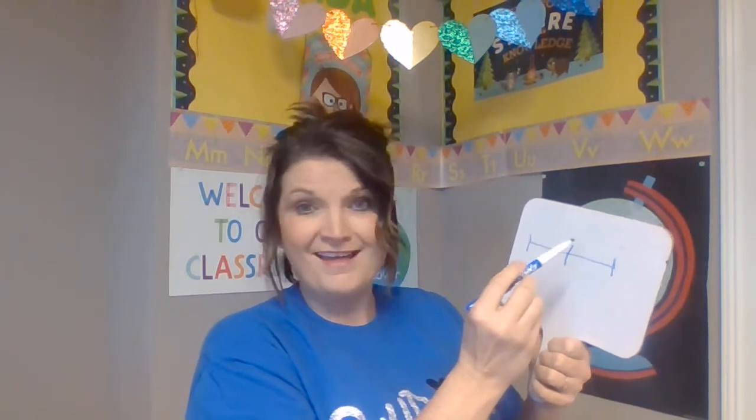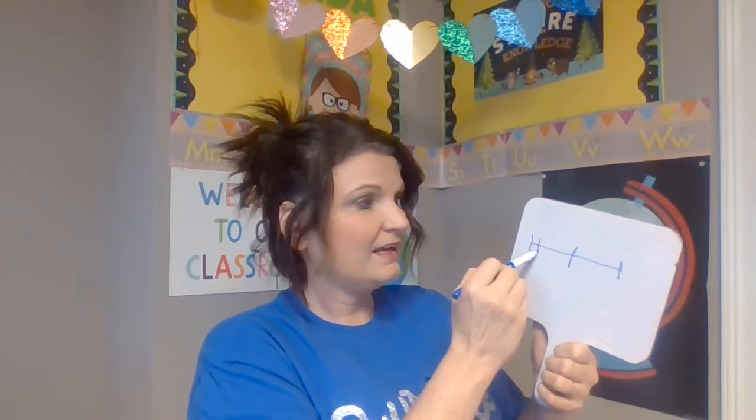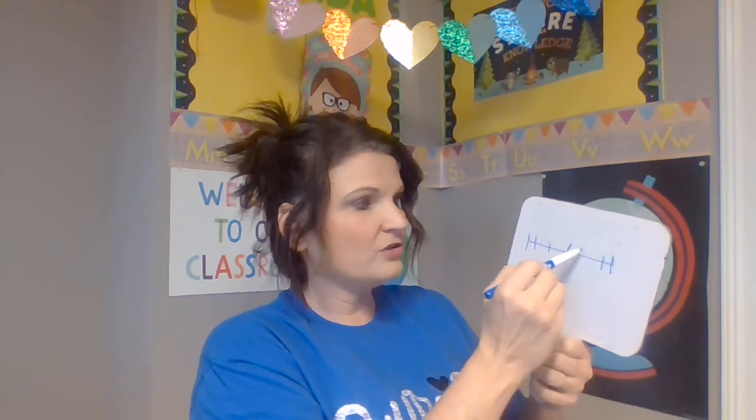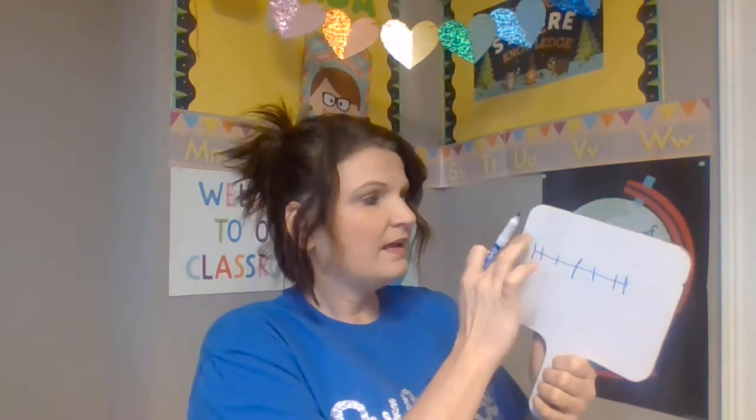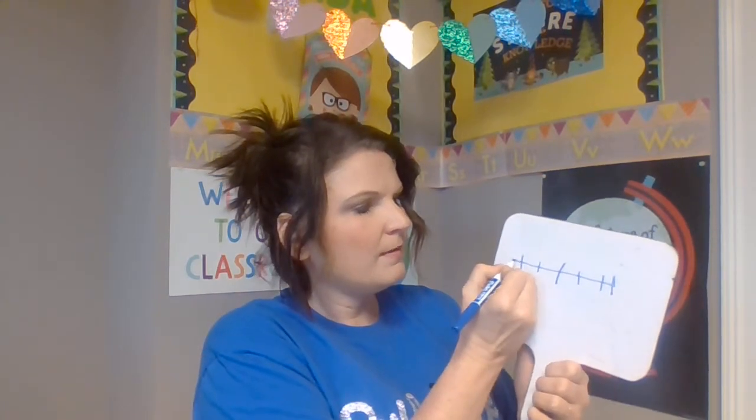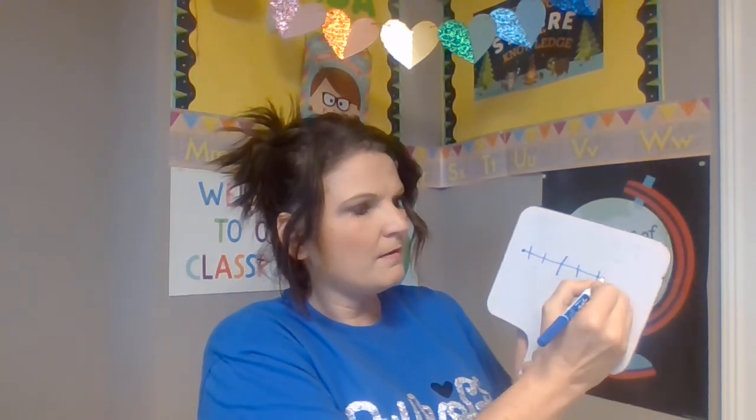All that a ruler is, is simply a fractional number line. And that is it, guys. It is just a fractional number line. So when I see this, I'm just going to go ahead and make these dots. That will make it easier to see. I always know that this is 0.